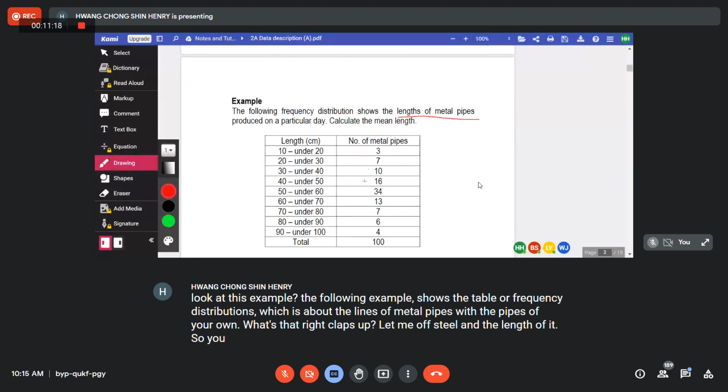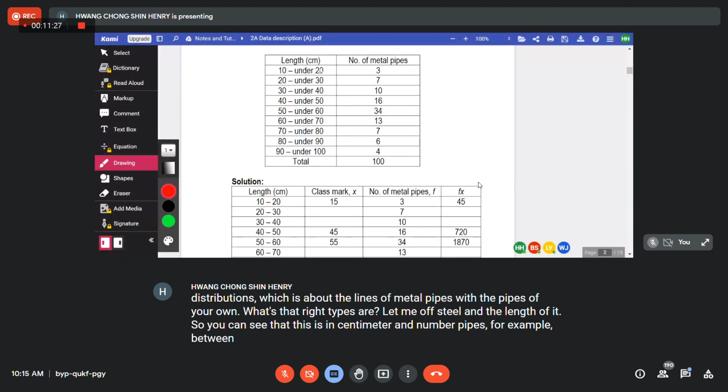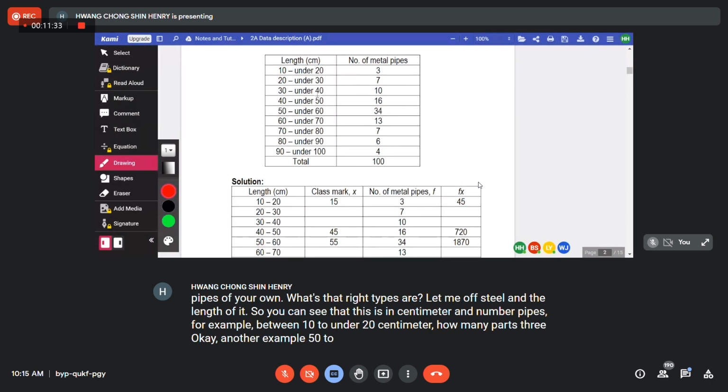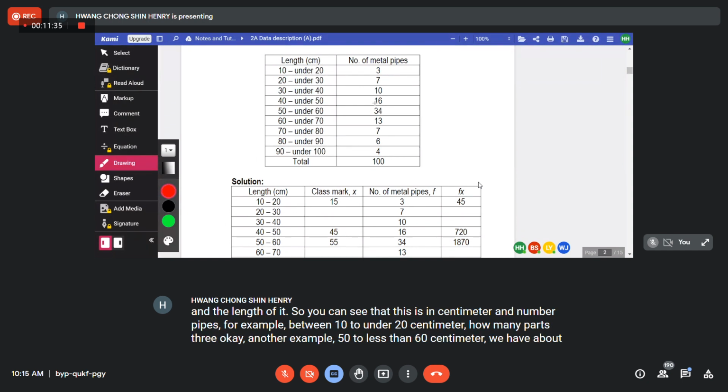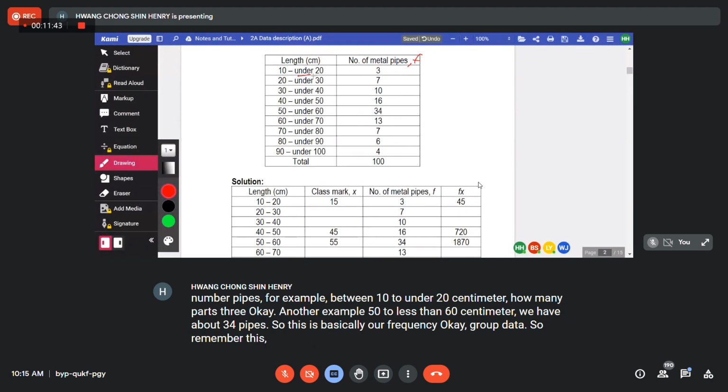So you can see that this is in centimeters, and the number of metal pipes, for example, between 10 to under 20 centimeters, how many pipes? 3. Another example, 50 to less than 60 centimeters, we have about 34 pipes. So this is basically our frequency. Okay, group data. So remember this word, under. What's the meaning of under?